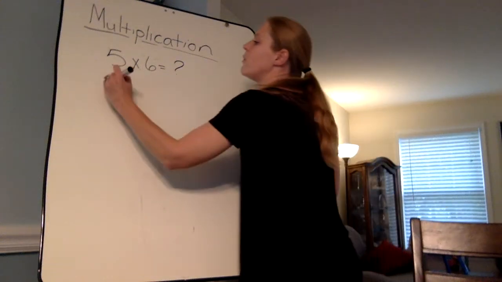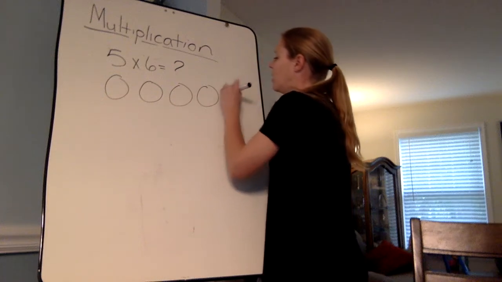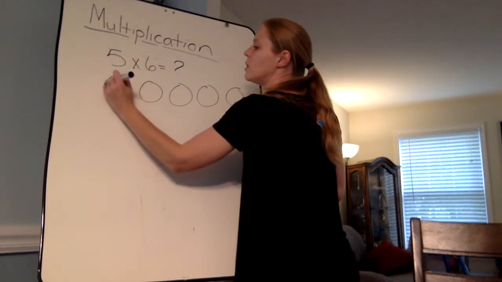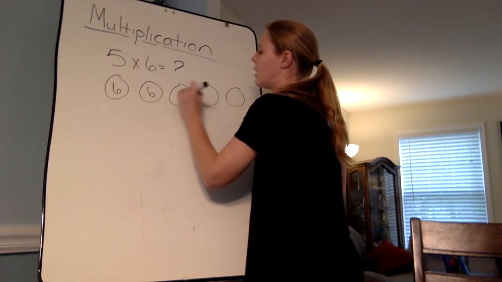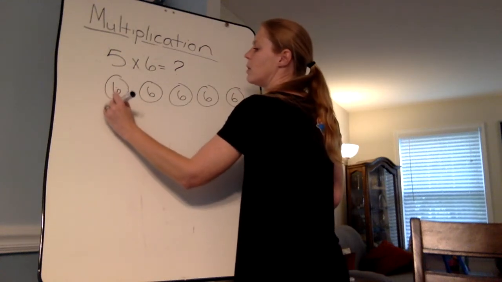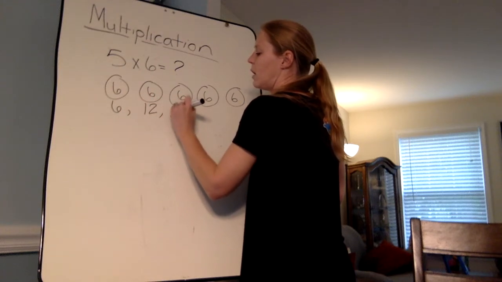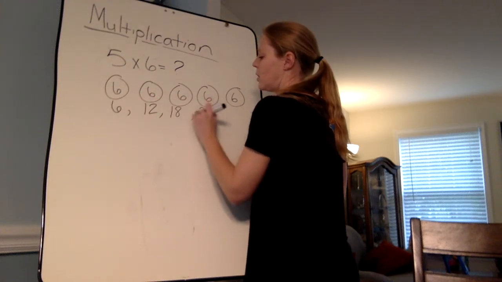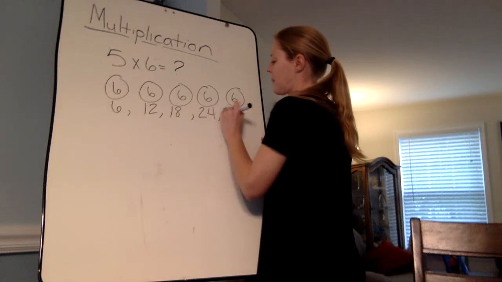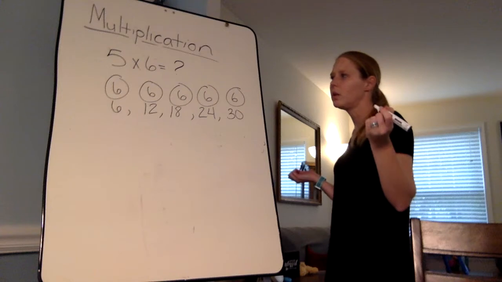In this case, it would be 5 loops with 6 in each. So you could go 6, 12, 18, 24, 30. Skip counts are also a great way to do it.